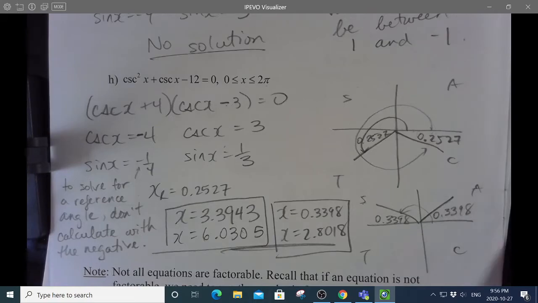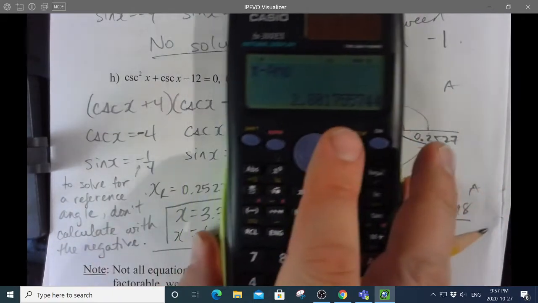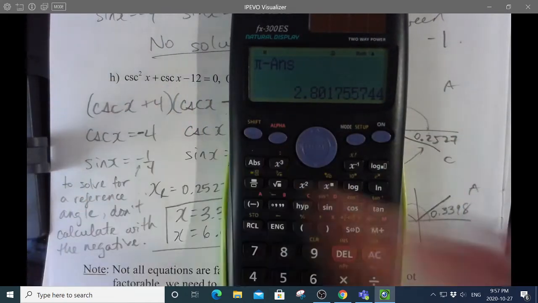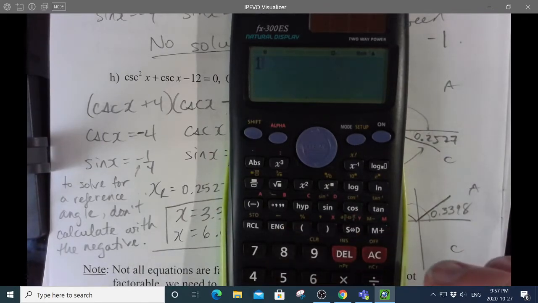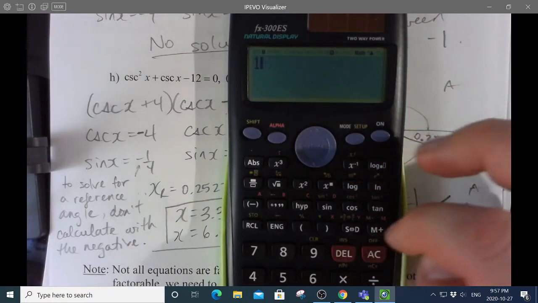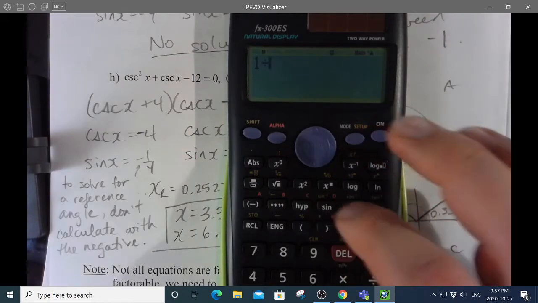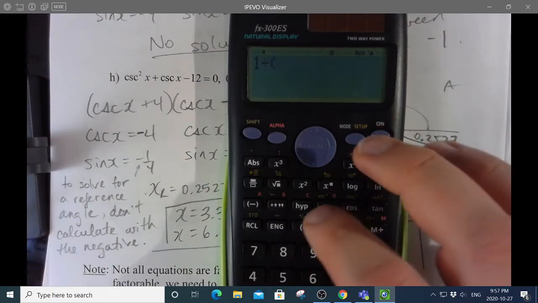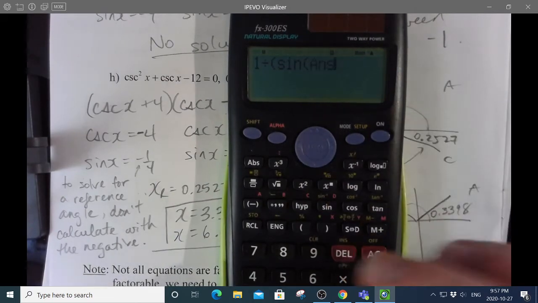And if you're ever not sure if you have it right, you can actually punch this through. Like, say I wanted to check that answer, you can check it in here with a calculator. Remember that there's no button on your calculator for cosecant, but that's just 1 over sine. So 1 over, hang on, delete. 1 over, I'm going to have to open a bracket for this, the sine of the answer I just had.